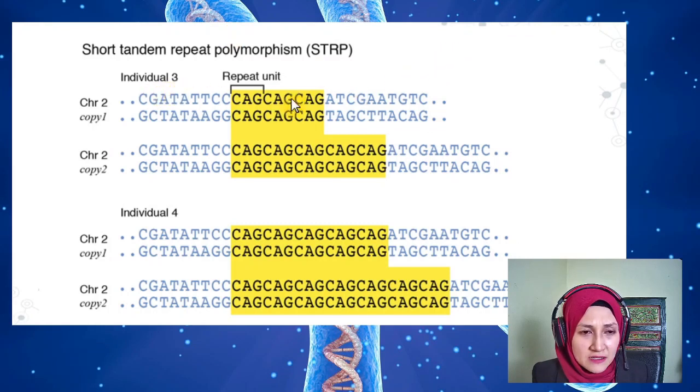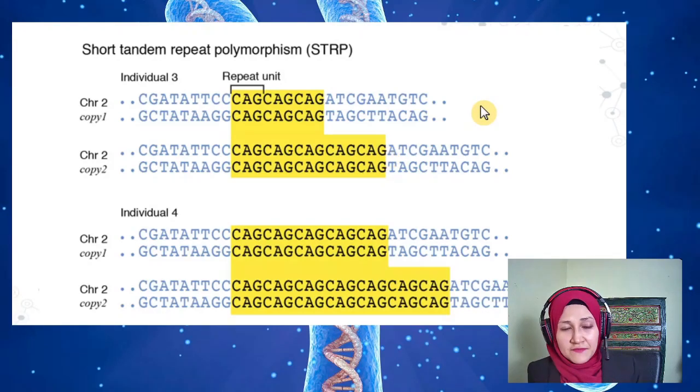For example, in individual 3, we can see that there is a repetitive unit here. For example, in the first chromosome, this region is repeated 3 times, whereas in the second chromosome it is repeated 5 times.